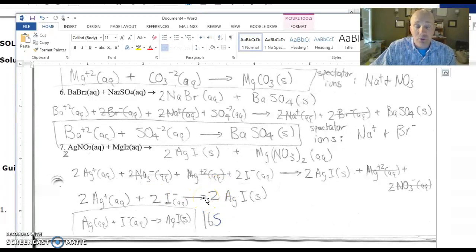And one thing hopefully you'll remember about balanced reactions is if there's a simpler ratio of the coefficients, then you should express it like that. So that could be simplified to Ag+ aqueous, and by the way, there should be a plus right there, plus I- aqueous will yield silver iodide, AgI, which is a solid. All right, and in this case, the spectator ions would be the magnesium and the nitrate.